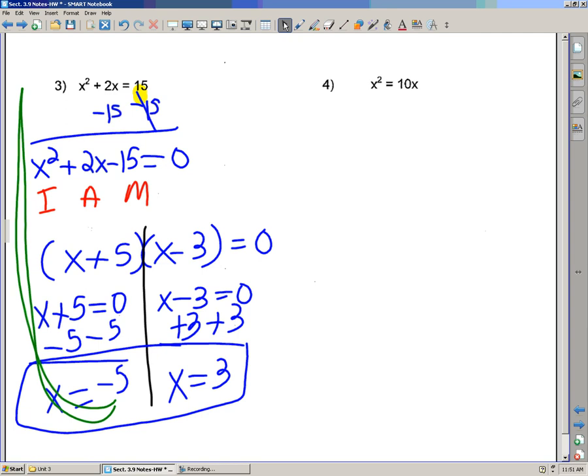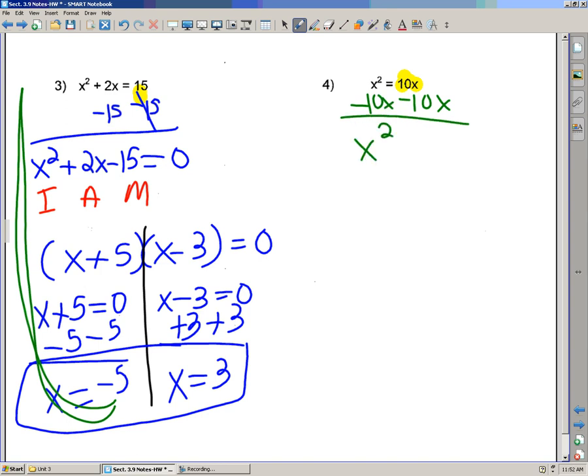Let's take a look at 4. Again, we're not set equal to 0. That's a problem. We're set equal to 10x. So what we need to do is put this in factored form. We can only factor when x squared is positive. So what we need to do is subtract 10x on both sides. We don't have like terms.